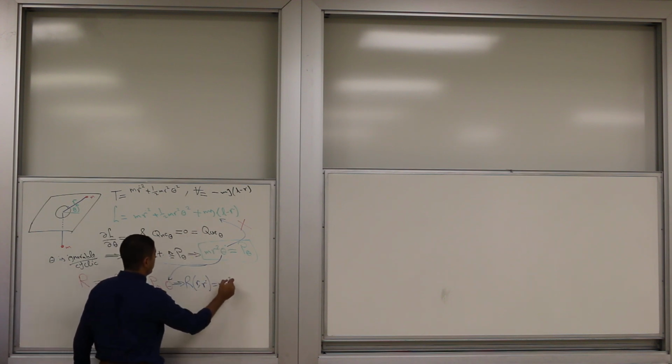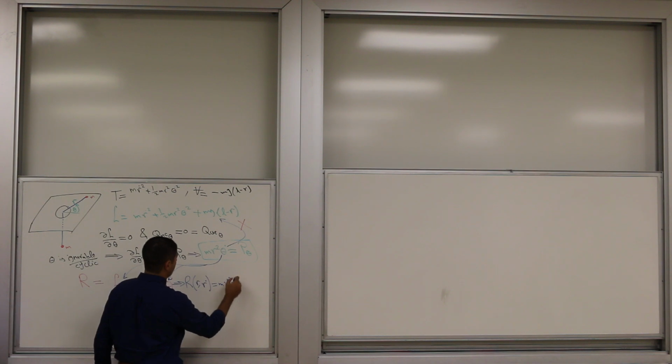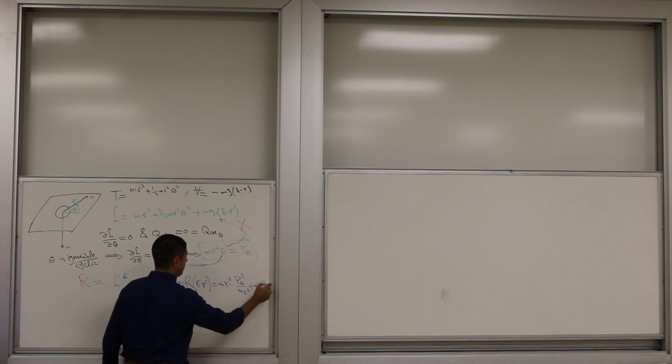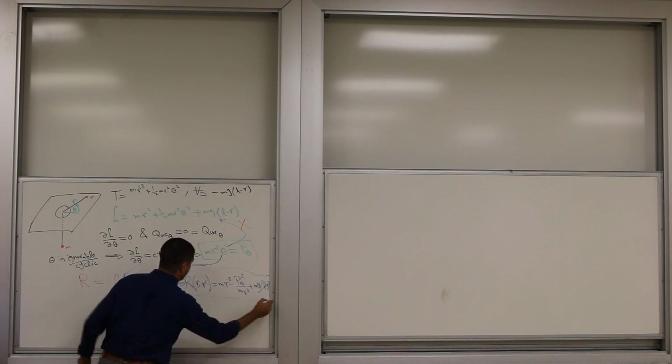It's 1/2 m r dot squared minus P theta squared over 2 m r squared plus m g (L minus R). And deal with this Routhian as if it's a Lagrangian in reduced number of degrees of freedom.